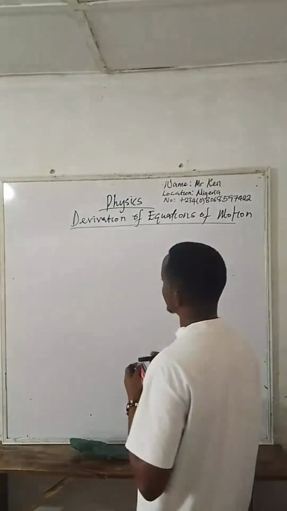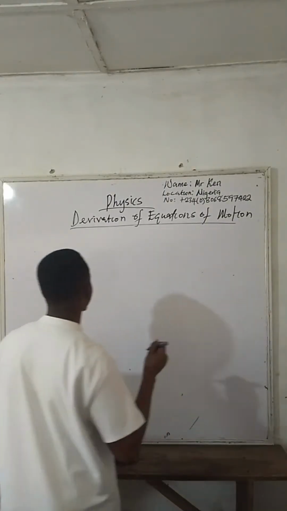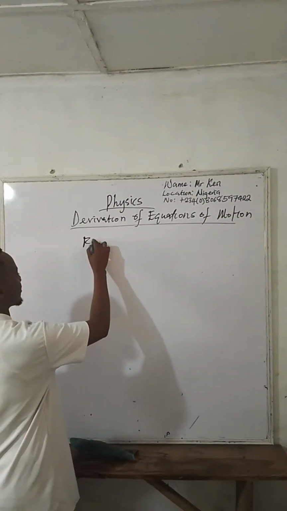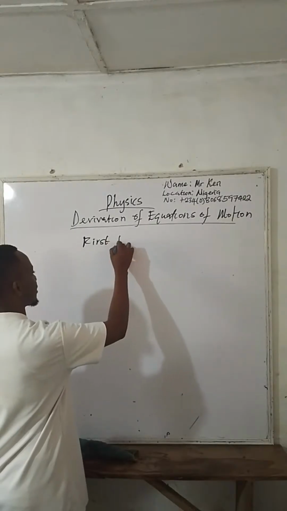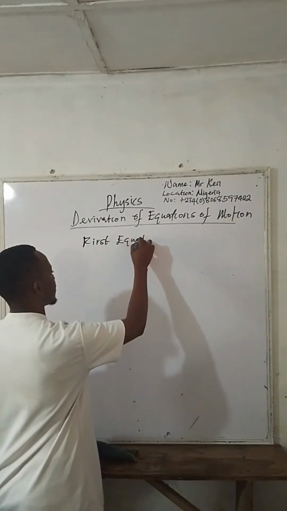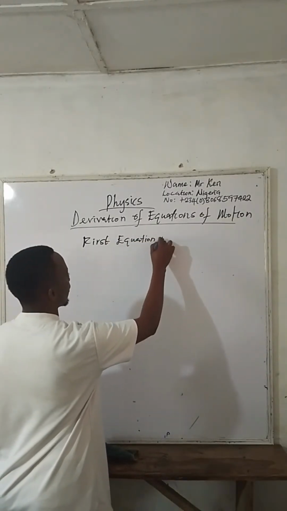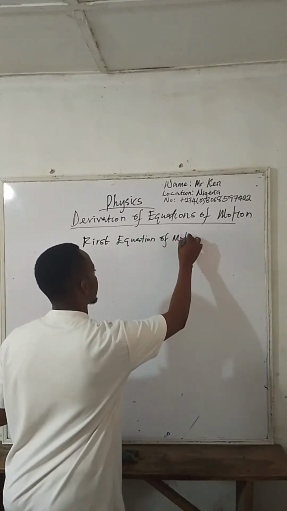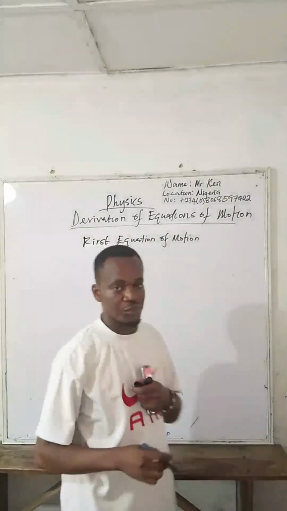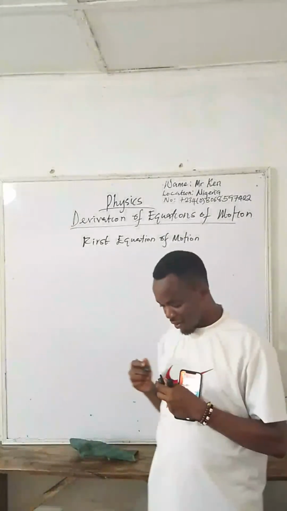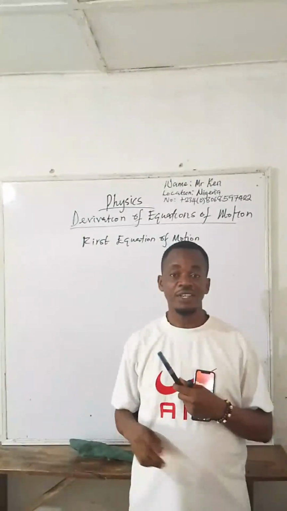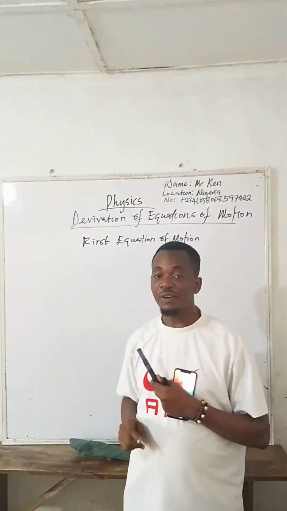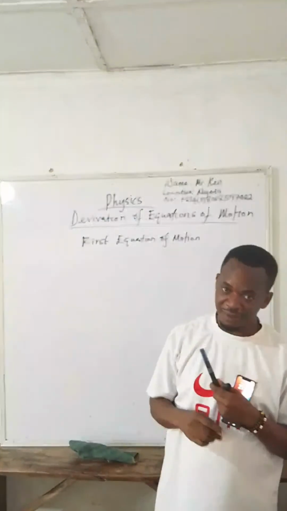So now let's go with the first equation of motion. You know where we get that one from? The first equation of motion, you can get from the definition of acceleration.